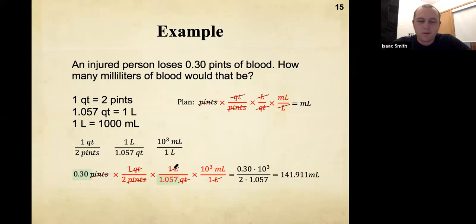And this one, we say is an exact number because we're just estimating the number of quarts in 1 liter. So 1.057 is estimated or measured, you could say, and then the 0.30 is estimated as well. So our answer needs to be within 2 significant figures to give you 140 milliliters in your answer.